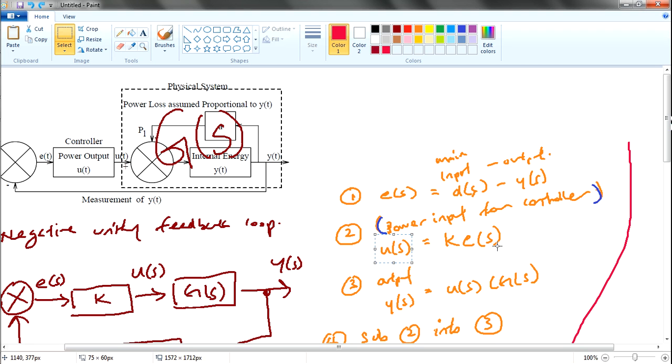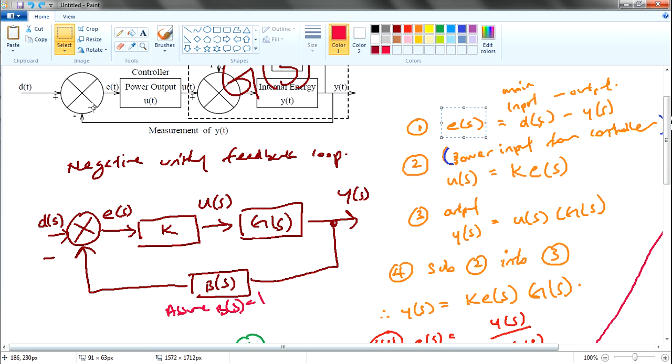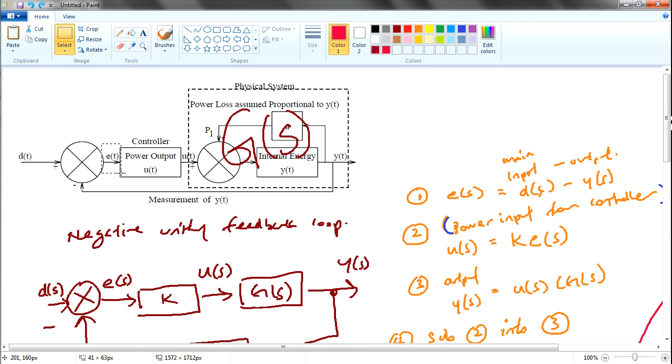So power input U(s) is equal to K, the controller, times E(s), the difference or power losses, or perhaps whatever value you have after the summation point. This E(s) can be a measurement of power loss, or of the difference. It is actually the measurement between main input and output, that's all.